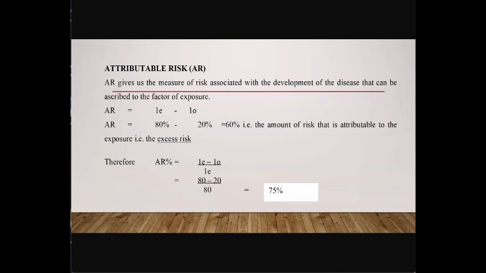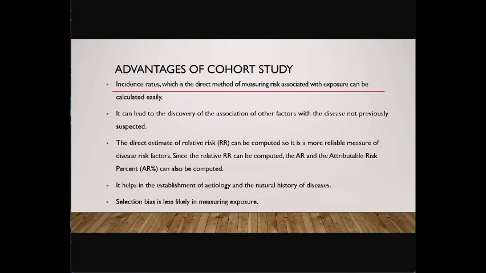And that will give you 75%. So the attributable risk percent is 75%. The attributable risk is 60%, or the excess risk. All right, so those are the concepts.